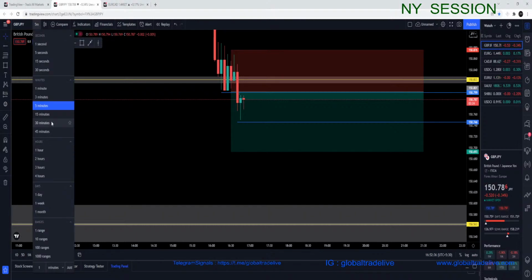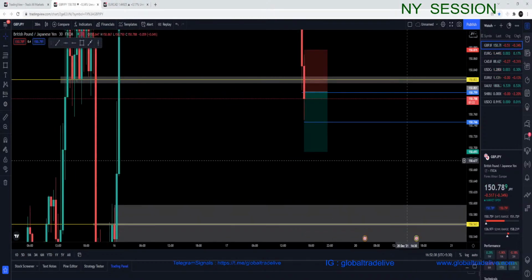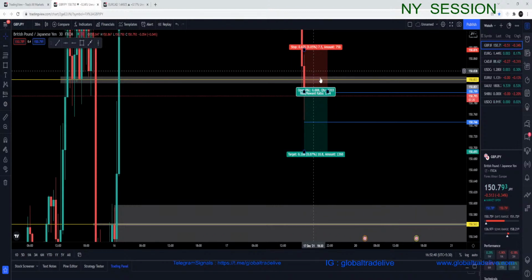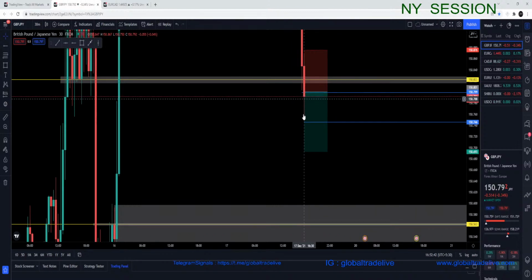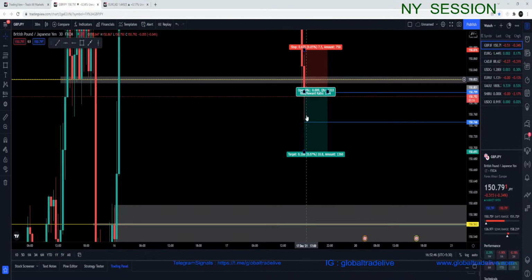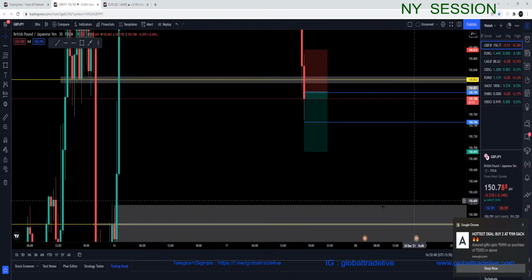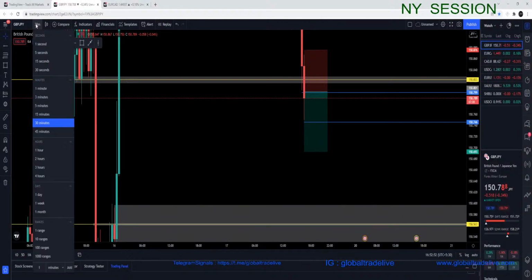The 30-minute candle will be closing in 8 minutes. Let's see how 30-minute is printing. Oh, I really think this 30-minute candle might just go up and close above this area. But I really don't want that to happen. So I need to be very, very careful.